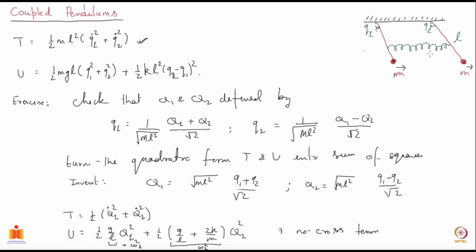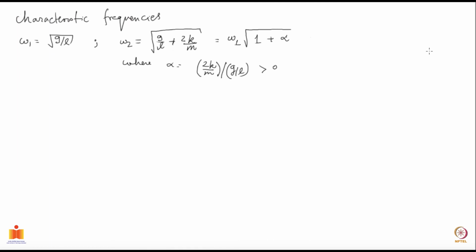When that mode is active, there is more potential energy: one is the gravitational potential energy of these two masses, plus the potential energy stored in the spring. And that is what leads to a higher frequency in this mode.